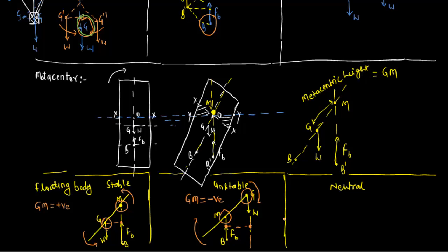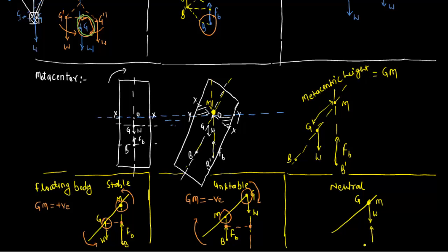Now our third case. Let's suppose I am considering the same case here. This is our G, so the weight is acting over here, and the similar point is also M, the metacenter.